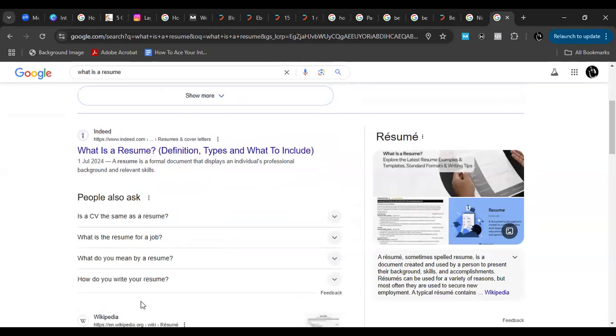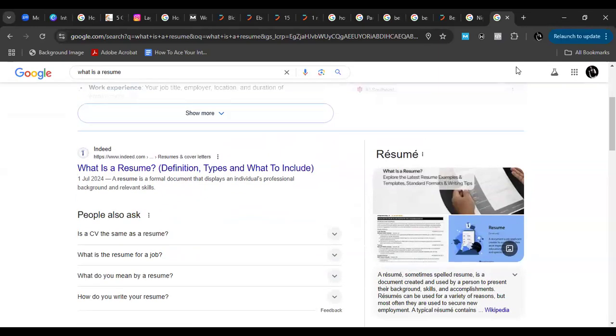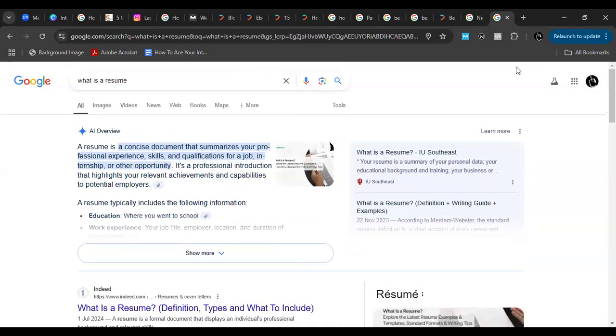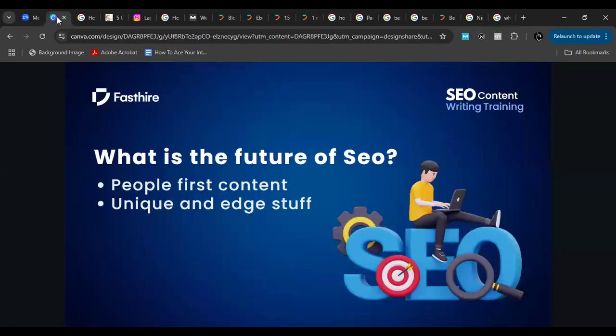Before, people would have to surf through different web pages to find the right one. Now, the AI aggregates information from different websites, churns out a quick answer, and gives it to any search. Google is doing that because they want to serve people as quickly as possible. That is why people-first content will always win in this era.